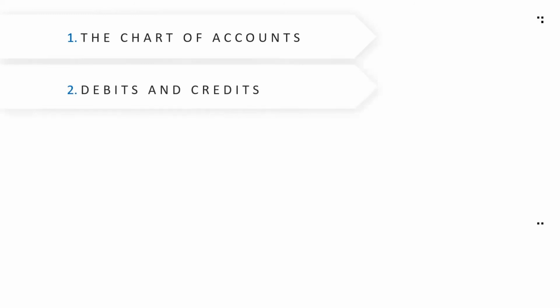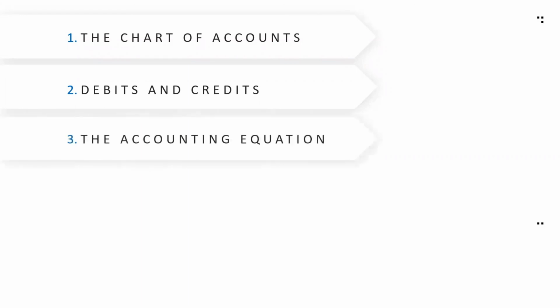Debits and credits. These are the amounts of money that are tracked going into or out of your accounts. Things like rent payments and maintenance costs. The accounting equation. The accounting equation builds on our first 2 concepts, and it is used to display the health of a company through the balance sheet or income statement.